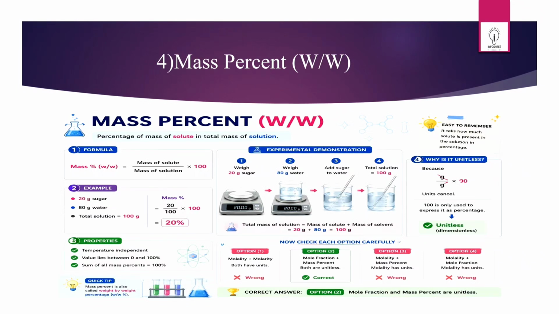The mass percent of 20 gram sugar and 80 gram water is 20%. Let's see it in a clear way. It's not a complicated thing at all. 20 gram of sugar and 80 gram of water, total becomes 100. In that, how much percent of sugar is there?